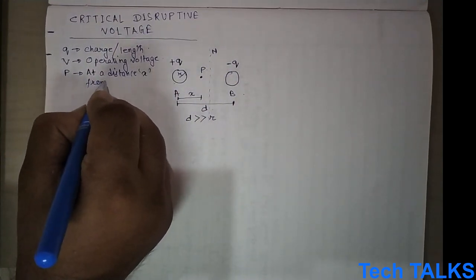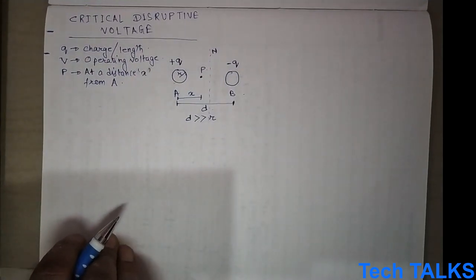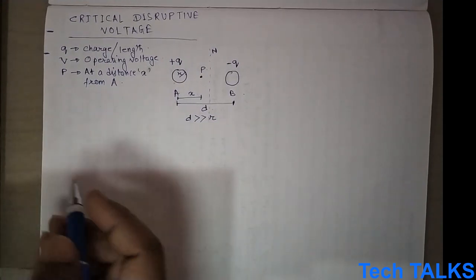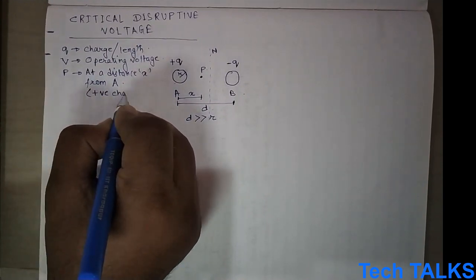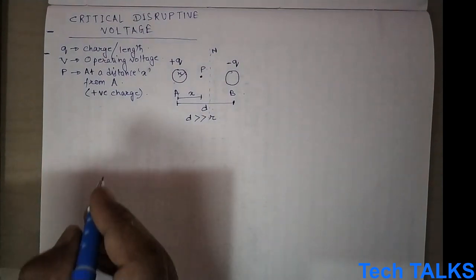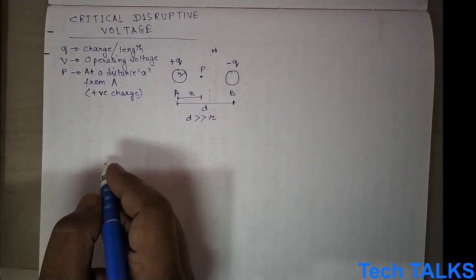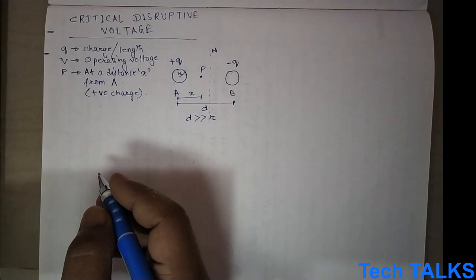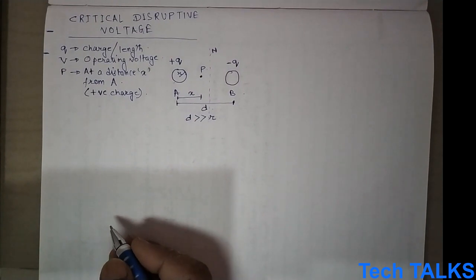Now we will find the electric field intensity at P. P is a positive charge, to be kept in mind, unit positive charge. Now we will calculate the electric field intensity at point P. The electric field intensity due to A on P will be repulsive, and due to B on P will be attractive. So both will be additive in nature.